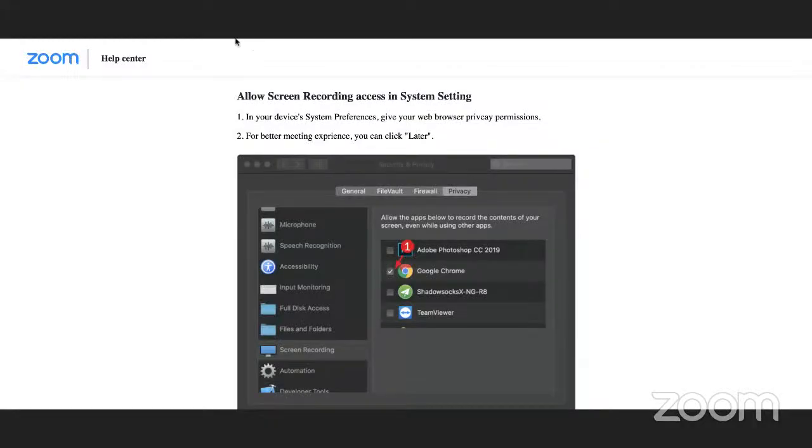Can we go to system preferences? Settings, basically. Hello, am I audible? Hi, I can hear you. Just a sec. Sending video is selected. Just open the privacy and security.